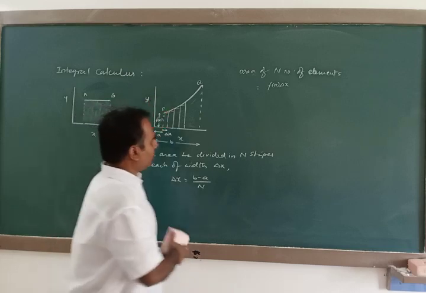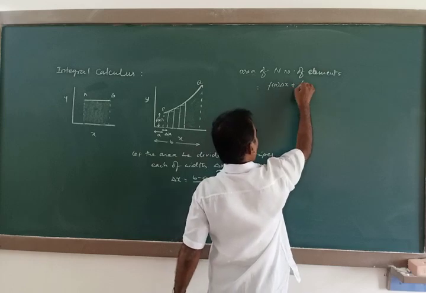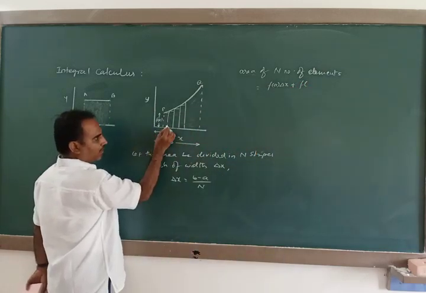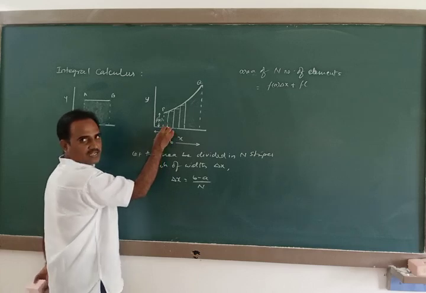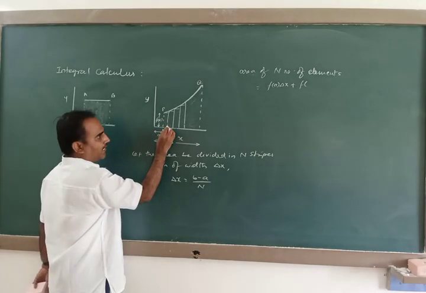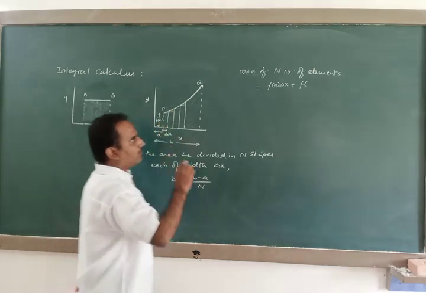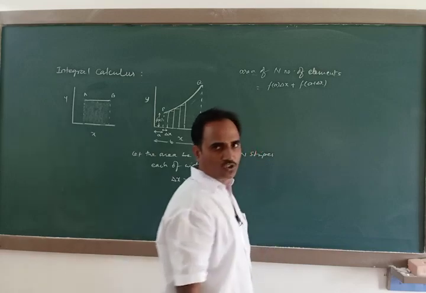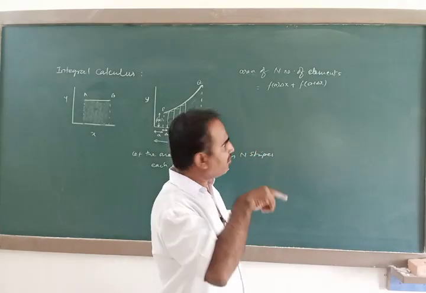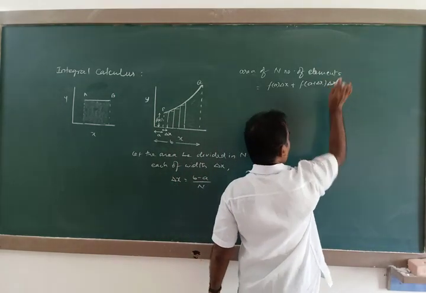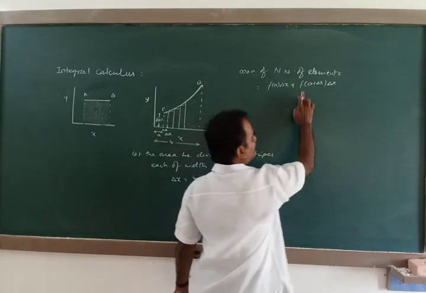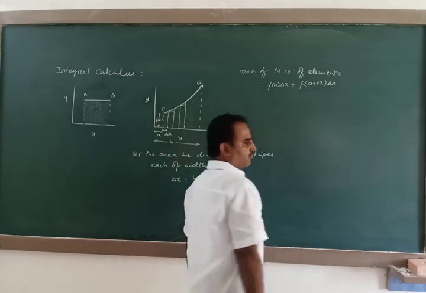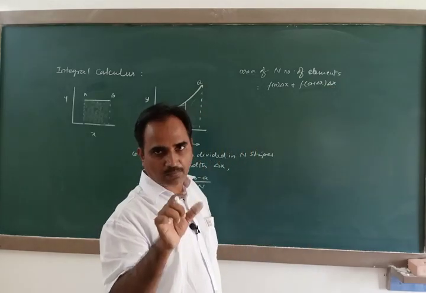Next, area of second strip: up to this point the distance is a, up to this point the distance is a plus delta x. So at this point a plus delta x, the height will become f of (a plus delta x). So this is the height of the strip. What is the width? Delta x. So this is the height and this is the width.